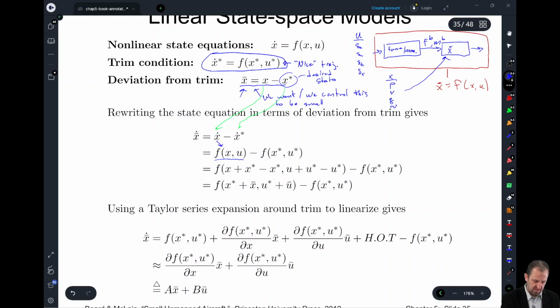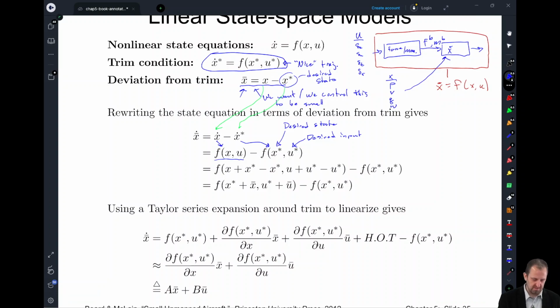Again, this is just x dot, and x star dot, our desired derivative, is just another evaluation of our dynamic function with our desired state and our desired input. And we saw how we can solve for those previously.